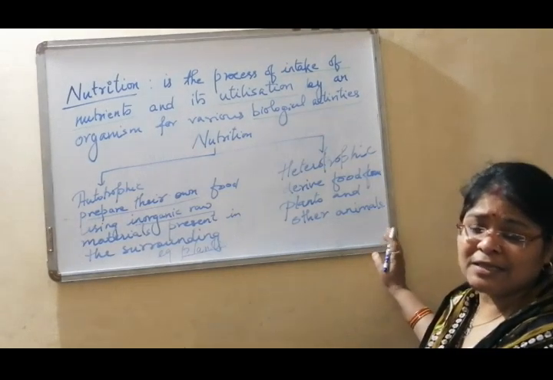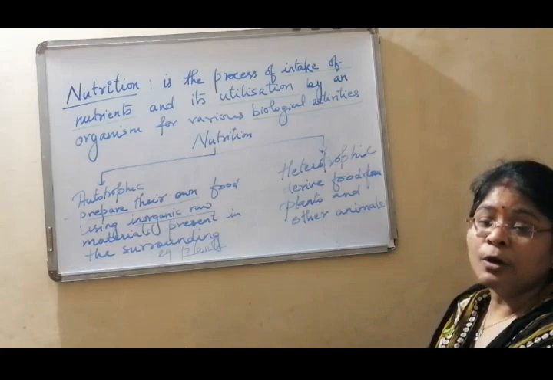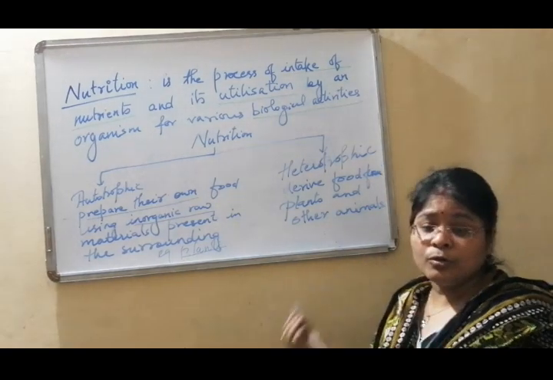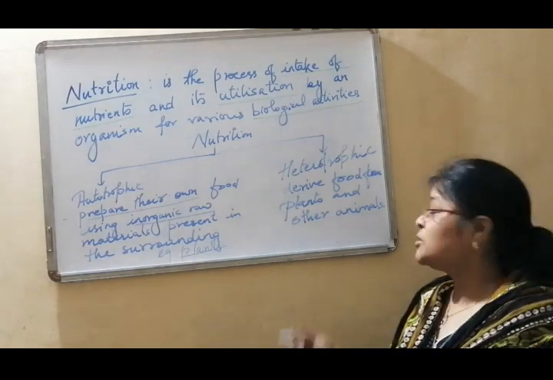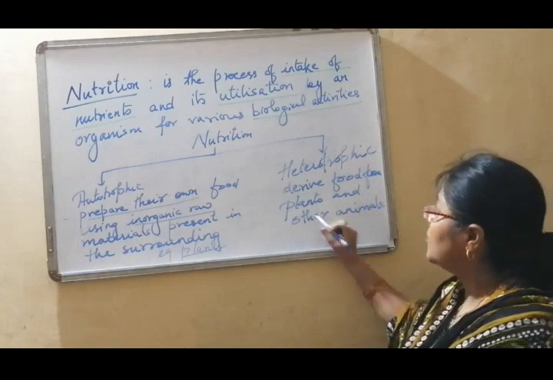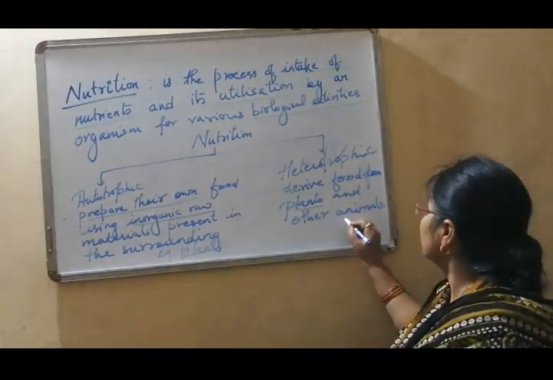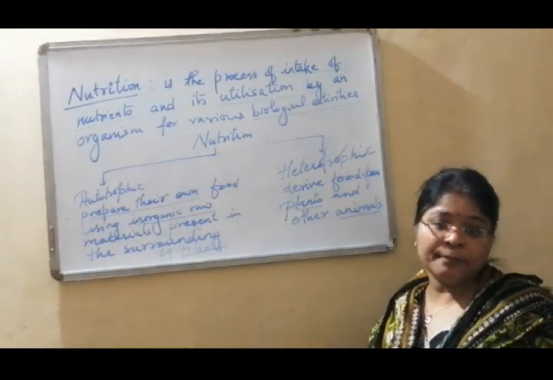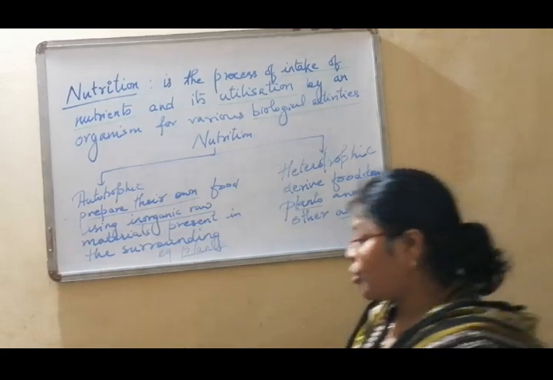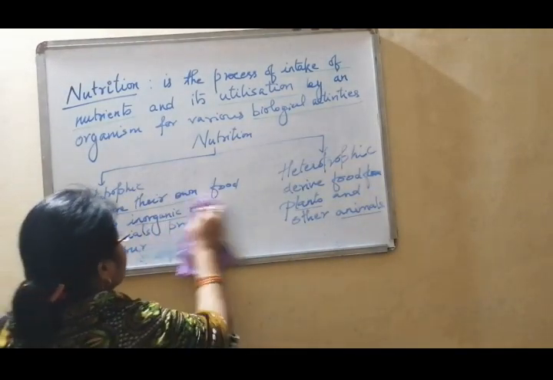You have read in class 9th in the classification chapter about the diversity of organisms. So, you know that there are many organisms that derive food from plants and other animals. Now, we will further divide these heterotrophs into further categories.